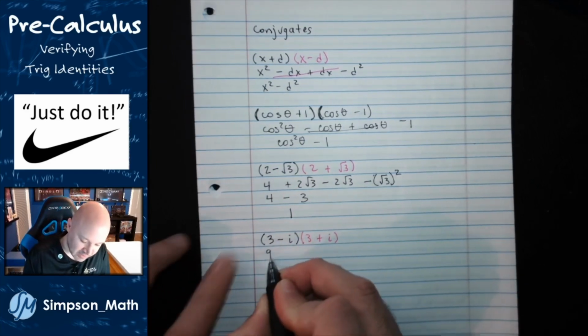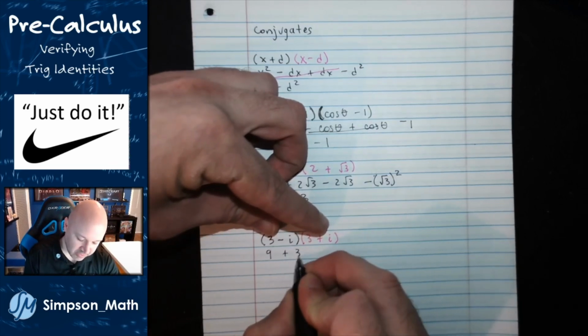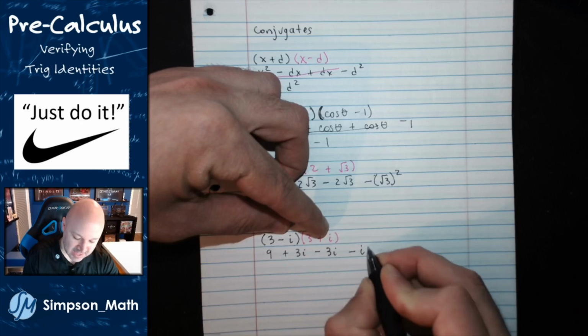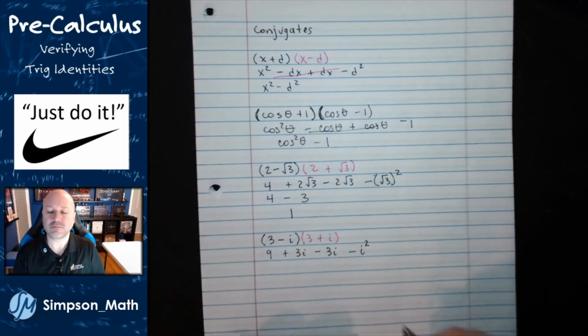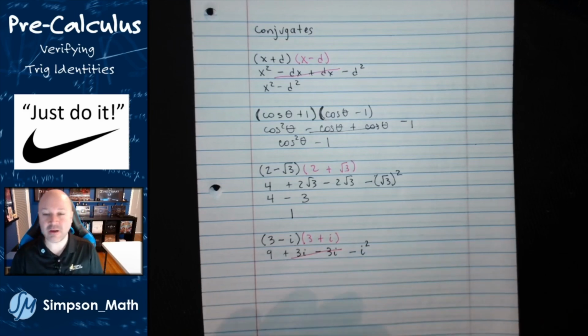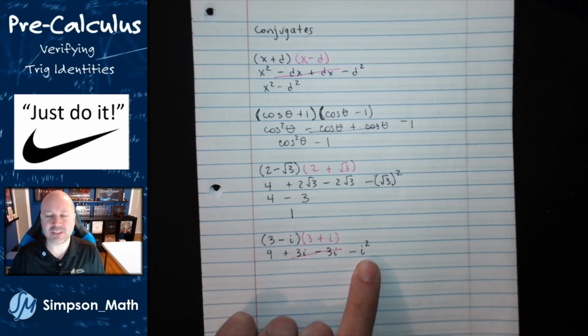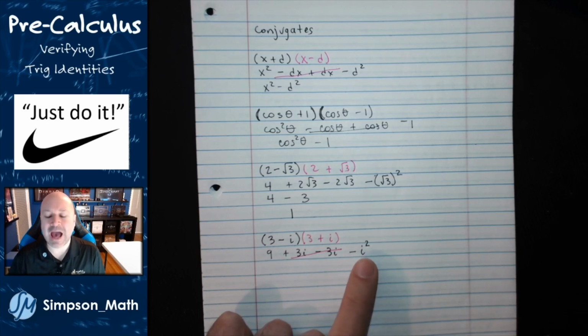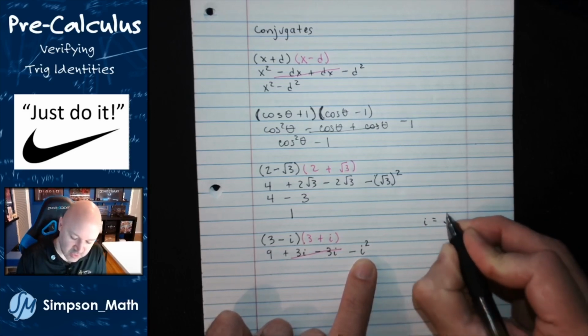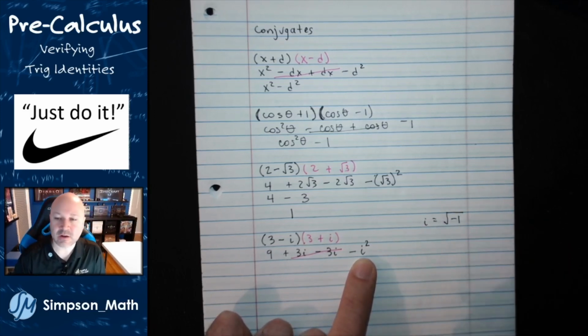3 times 3 is 9. Plus 3i minus 3i minus i squared. Oh yes, the middle two terms cancel each other out, and I'm left with this interesting thing, negative i squared. Well, i is the imaginary number, and it is defined as the square root of negative 1.